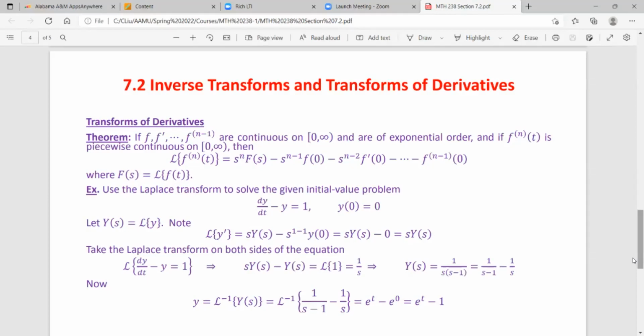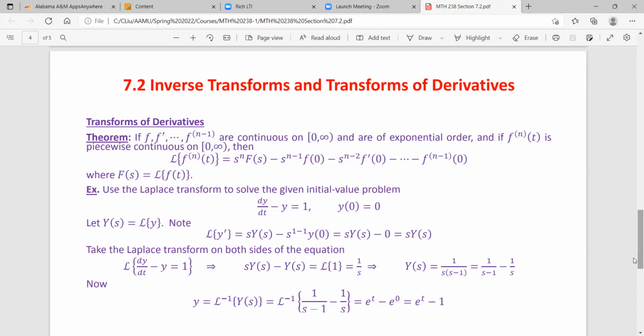Then, as we said before, we can take the Laplace transform of the differential equation on both sides. If you do that, you take the Laplace transform of dy over dt, which is y prime. We got s times capital Y of s, as we already did, minus the Laplace transform of y, which is just capital Y of s by definition, and that equals the Laplace transform of 1, which is 1 over s, as we discussed in the first section.